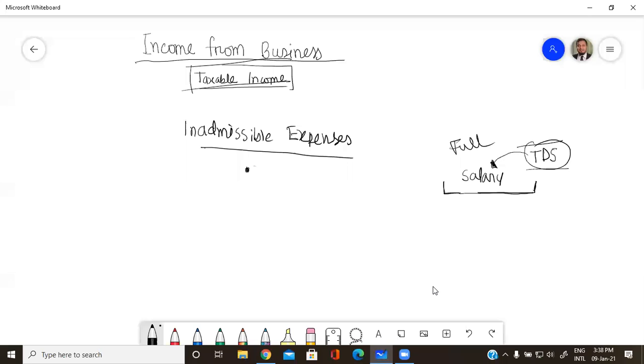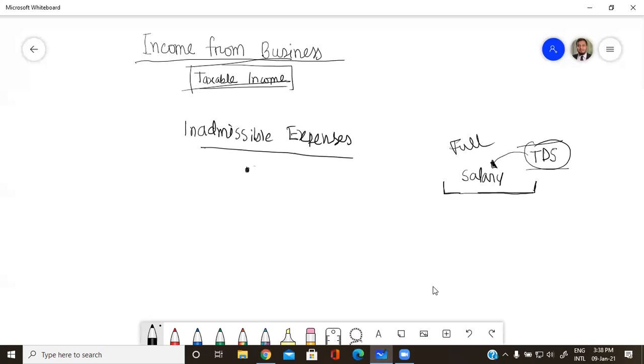When you make payment to him, you are supposed to charge TDS. But if you have not charged TDS from him, in that case, the payment you are making to him will become inadmissible. So I think that is clear to you. If you make payment of salary, remuneration, interest, or commission to any business partner, in that case, that is inadmissible.